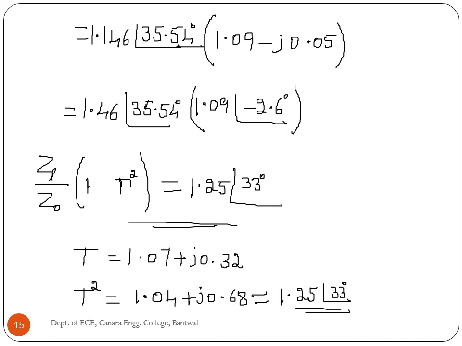Therefore, I can say that T square is equal to ZL by Z0 (1 minus gamma square).